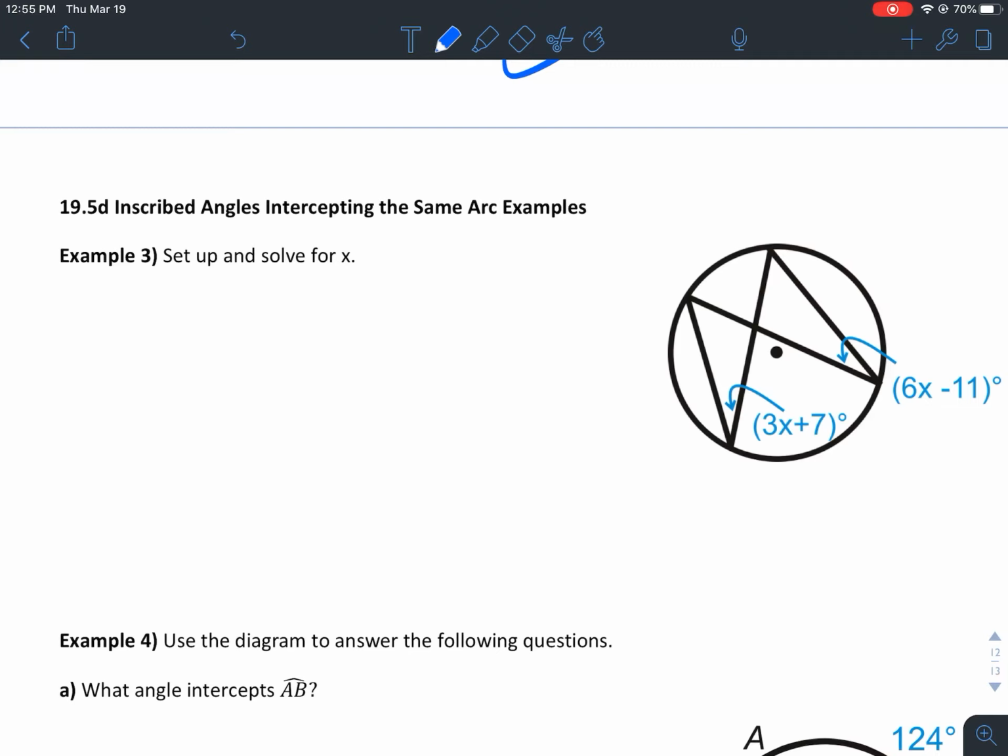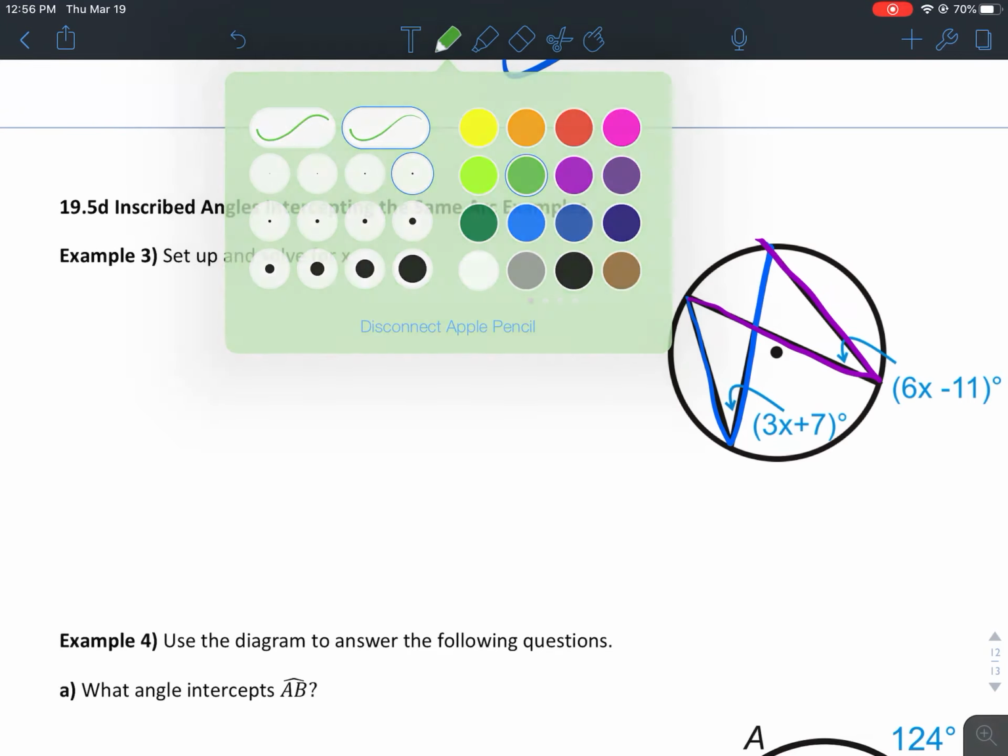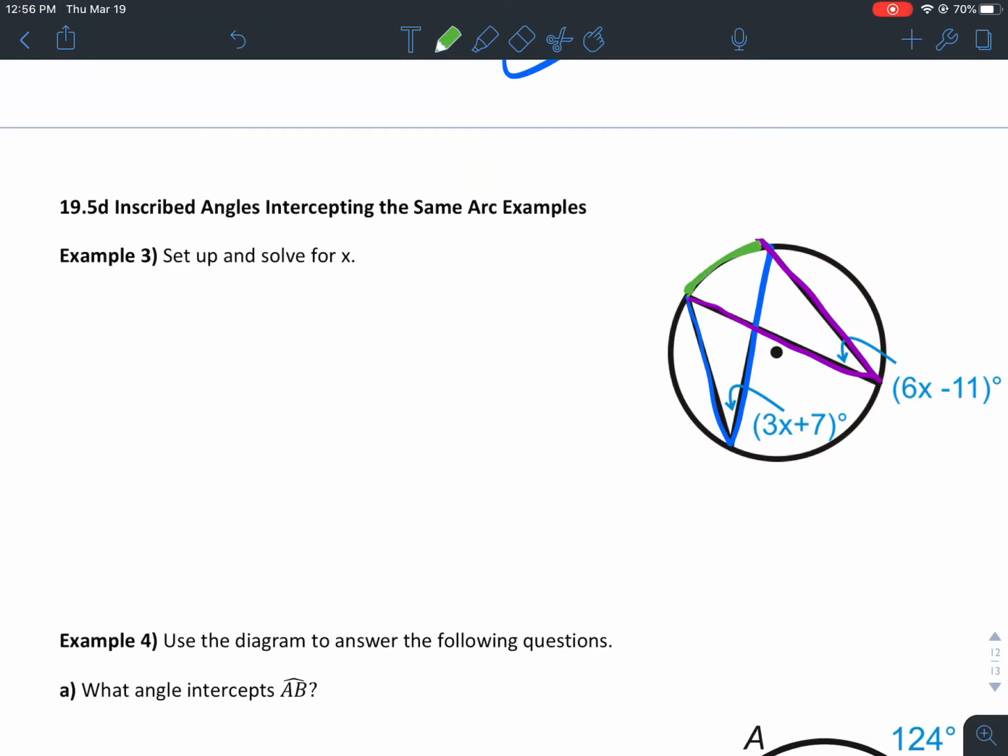So for the next one, it says set up and solve for x. So again, the same type of problem. If we look, this angle and this angle both intercept the exact same arc, which would be this arc right here. So that means that these two angles must be congruent. So we can set them equal to each other. We get 3x plus 7 equals 6x minus 11.